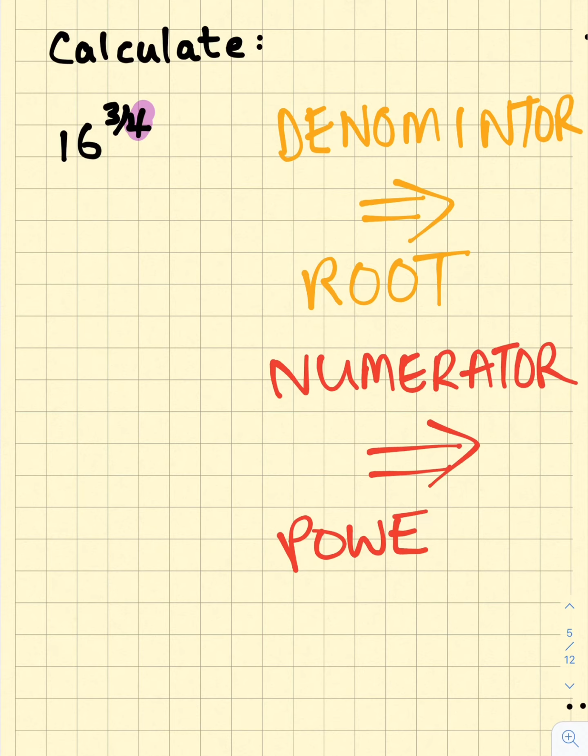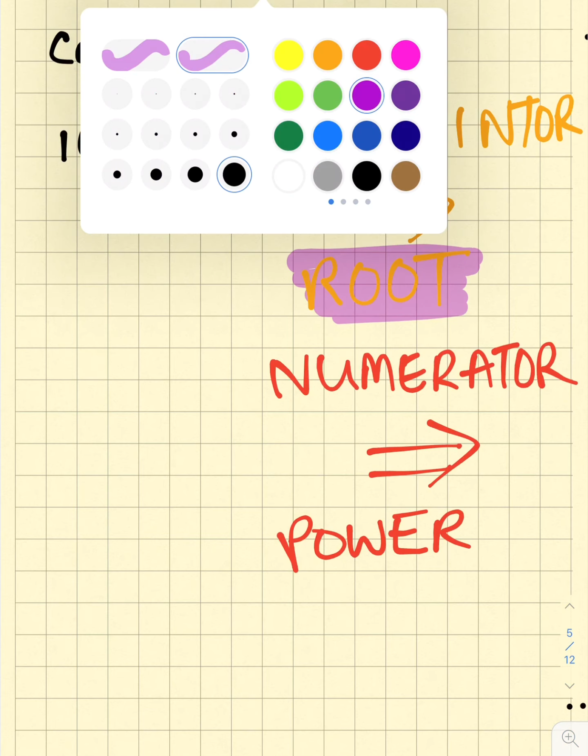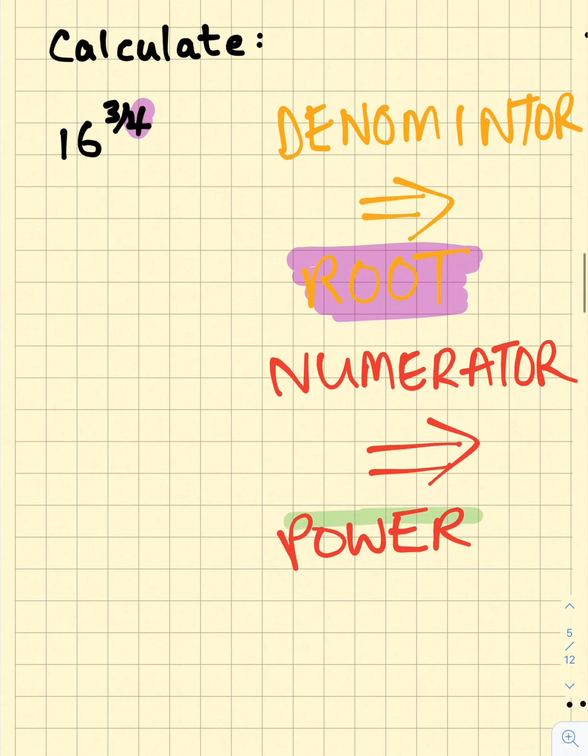And always, always, always, we deal with the root first. So root comes first, and then second of all, we deal with the power. Okay, so let's write that down on the side. First and second. So first things first, 16 to the power of 3/4.